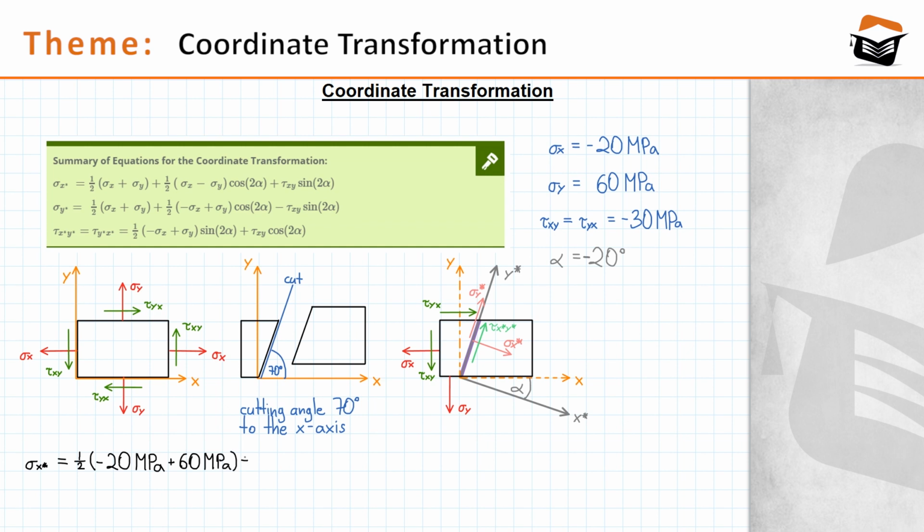Plus 1/2 sigma x, again, is minus 20. Minus sigma y means minus 60.